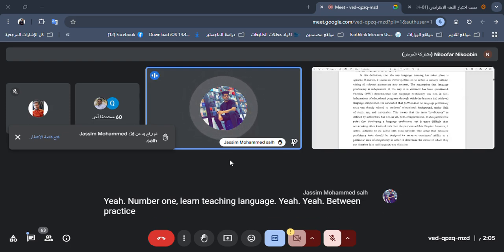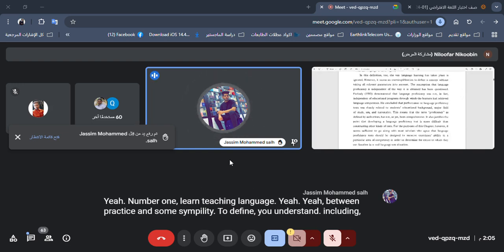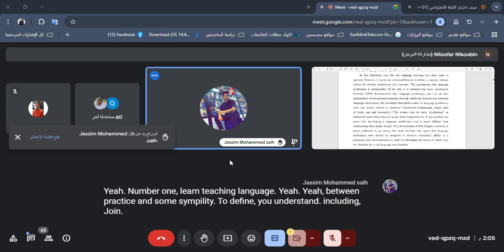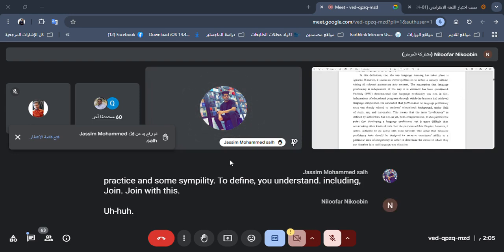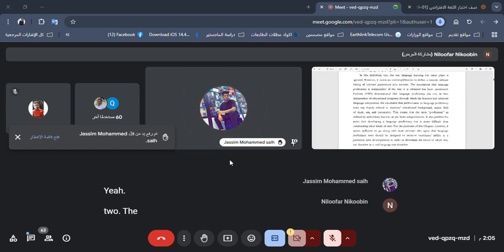Between practice and simplicity, to define, you understand, including join with this. So we need to join the two definitions we had.